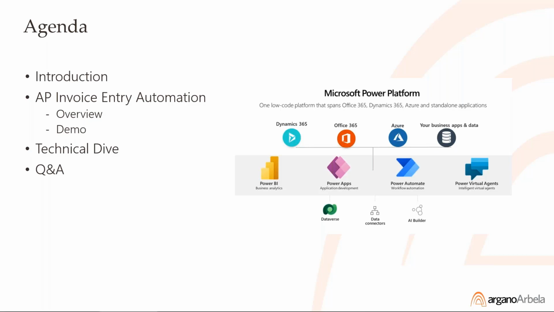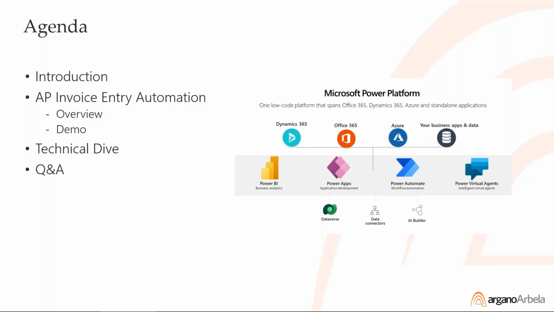We'll provide you a demonstration, and then we'll do a technical dive as well within the framework of what we're going to be talking about. And then, of course, we'll have a Q&A at the end. If you do have any questions, please feel free to chat them into the chat box in case you might forget by the time we get to the Q&A section at the very end.